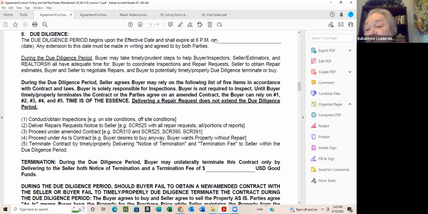They can give you 5 notices of termination. It must have this fee along with the notice of termination, which is number 313. With those 2 items, then you can terminate the contract. So help your sellers to understand that the buyer has a right to terminate the contract.